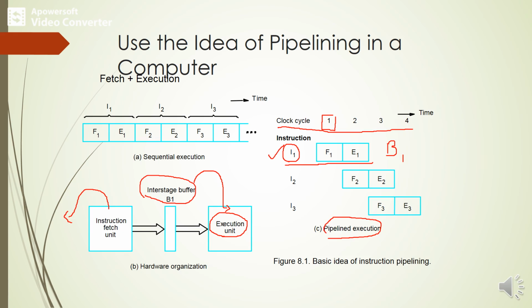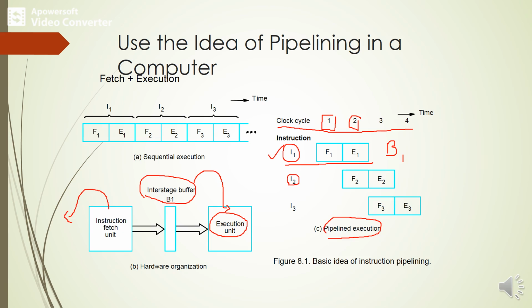Similarly, during the second clock cycle, we can observe that the instruction fetch unit will fetch the next instruction, that is I2.